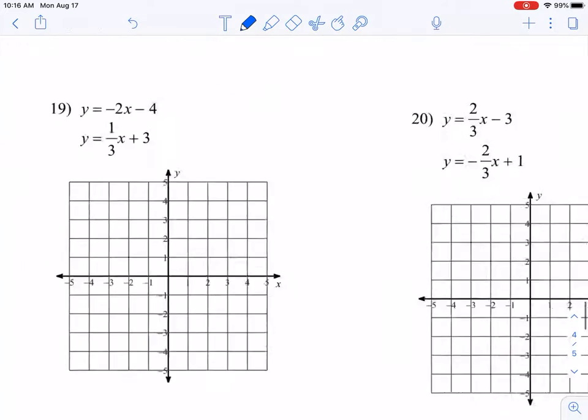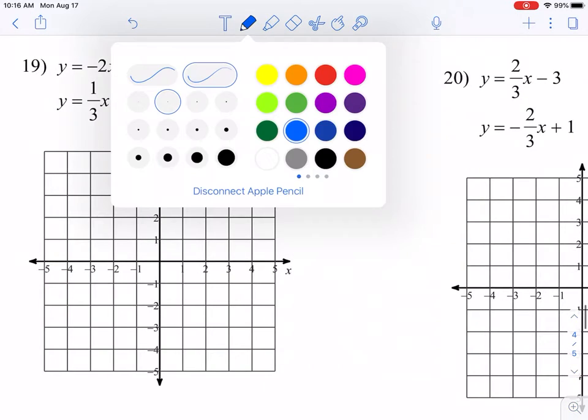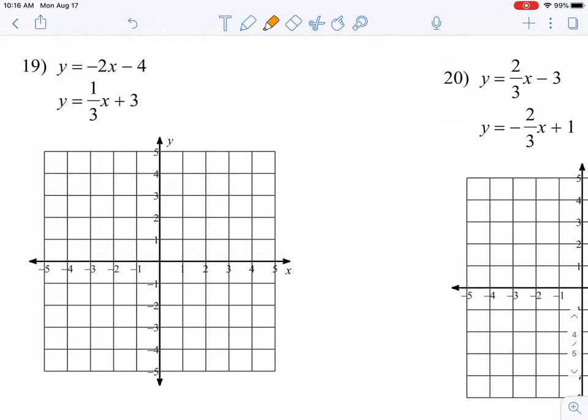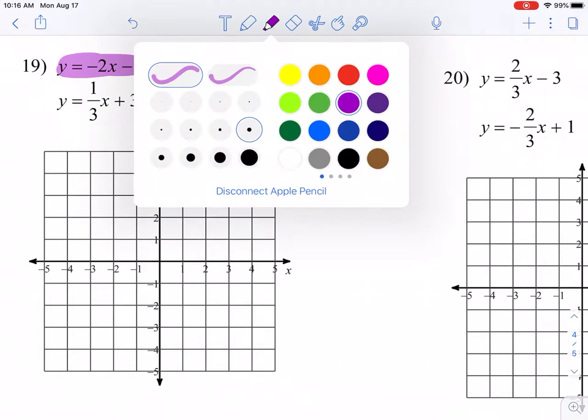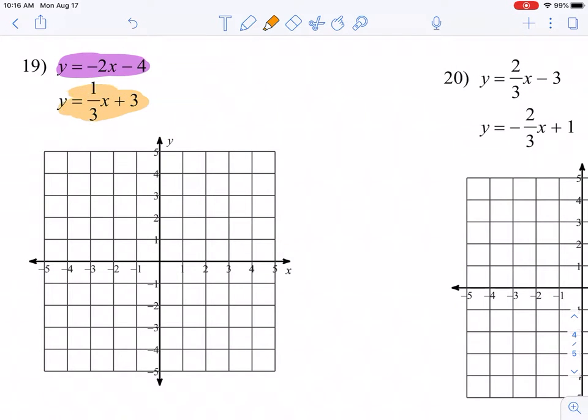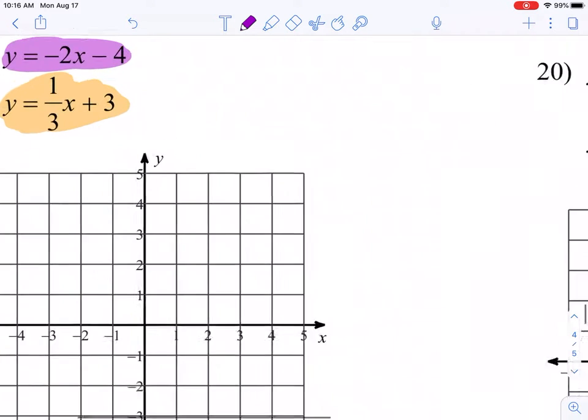Okay, 2 more. These will be a little bit less talked through and just more solved out. Organizing my work, which is very important. So let's see, we have purple. And in purple, ooh, my handwriting fell apart.